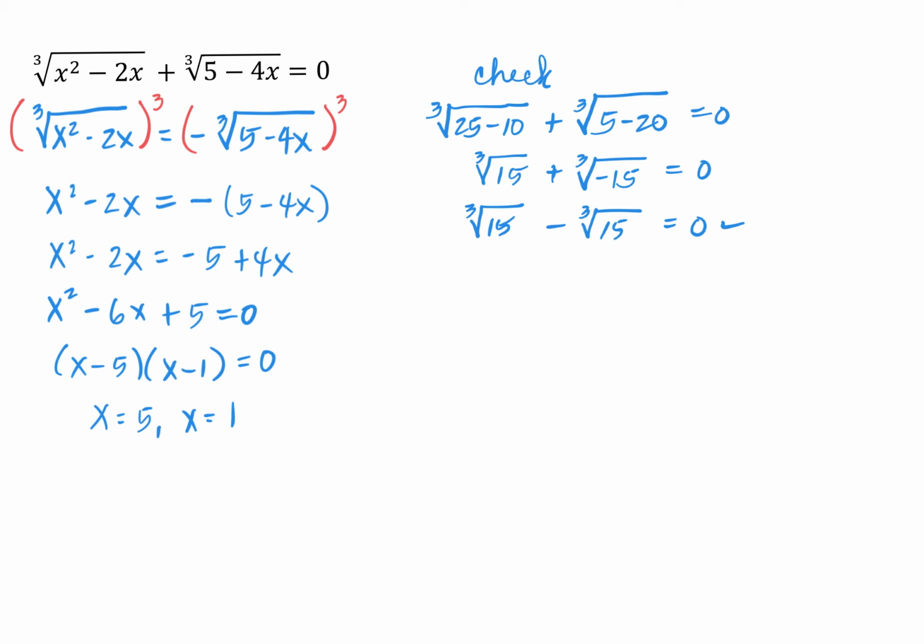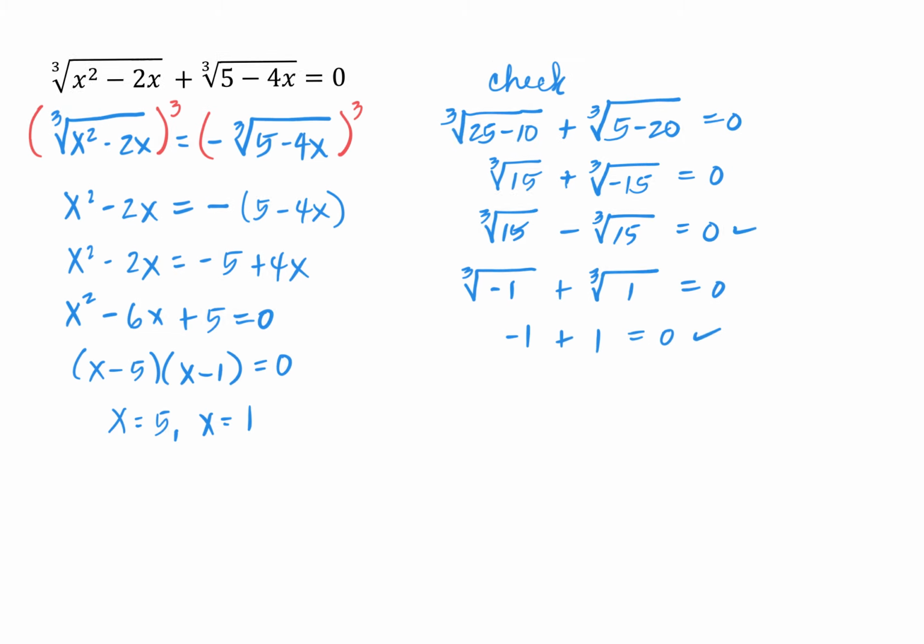Now let's go ahead and put in positive 1. So we'll have the cube root of 1 minus 2, which would be a negative 1, plus the cube root of 5 minus 4, which would be a positive 1. And we have the same situation. This becomes negative 1 plus 1.